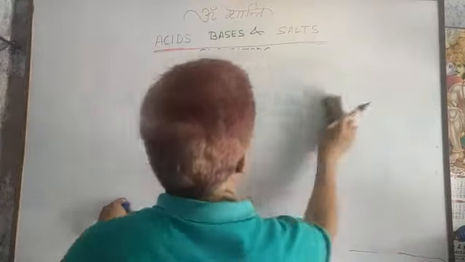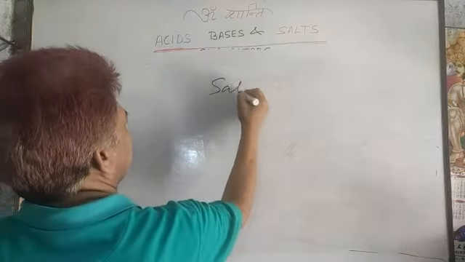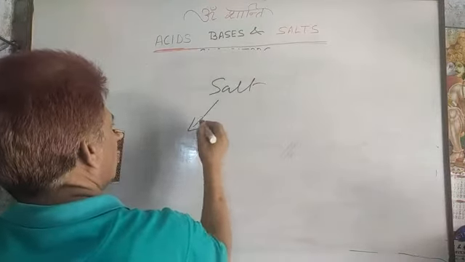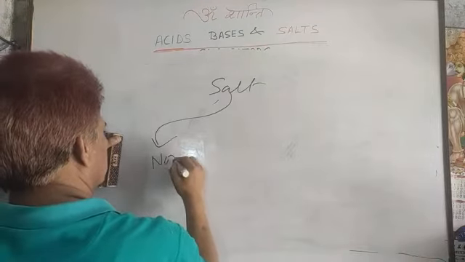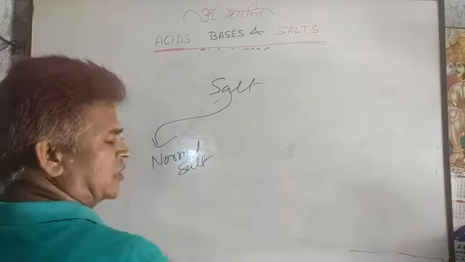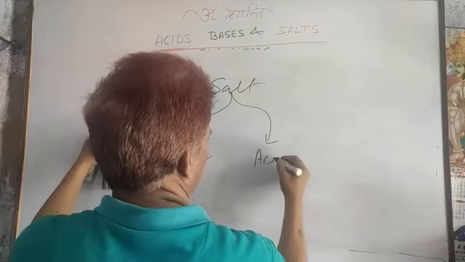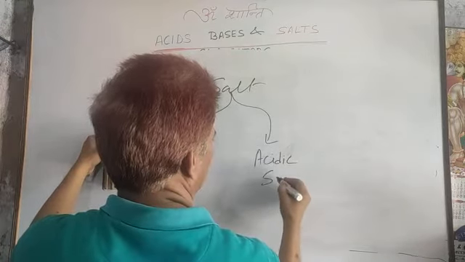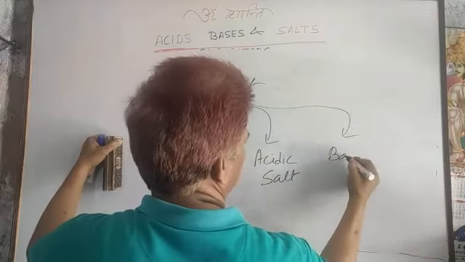is classified into three categories mainly. The first, normal salt, also known as neutral salt, then acidic salt, and the third one the basic salt.